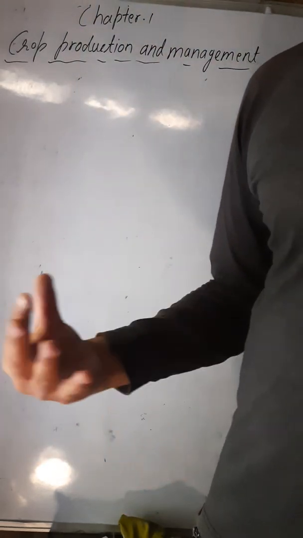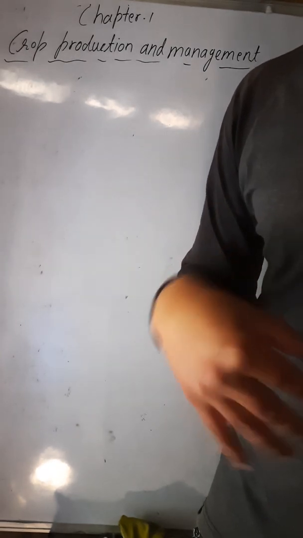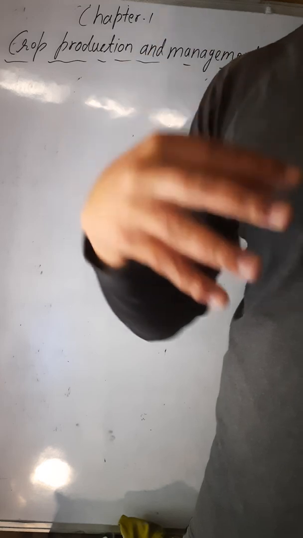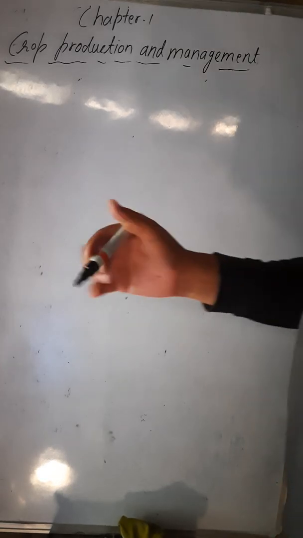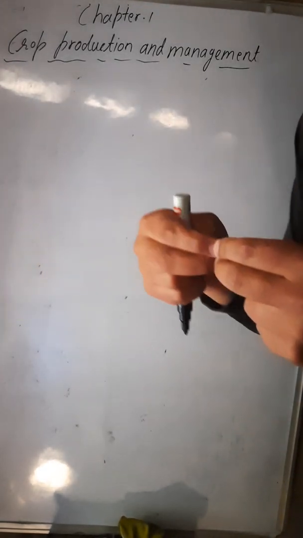So how did this processed food come to us? See, there is a sequence. The processed food that we are eating comes to us in a sequence.